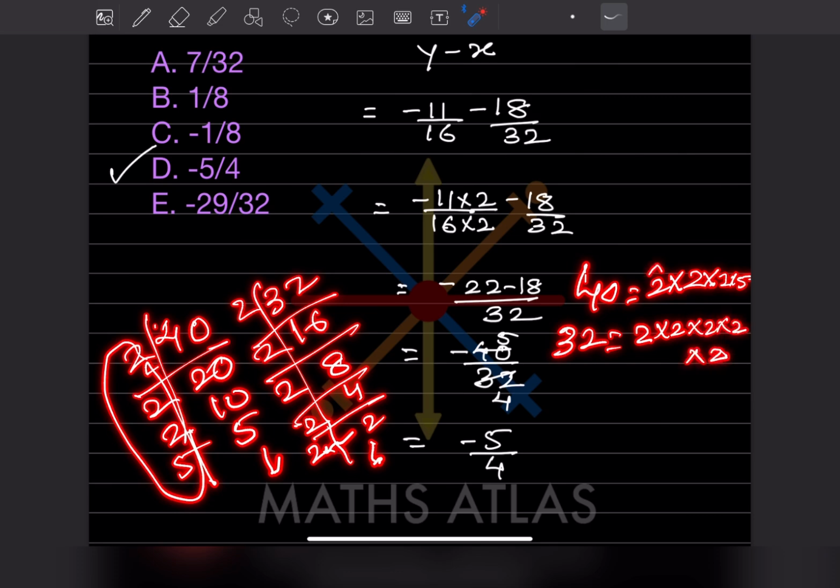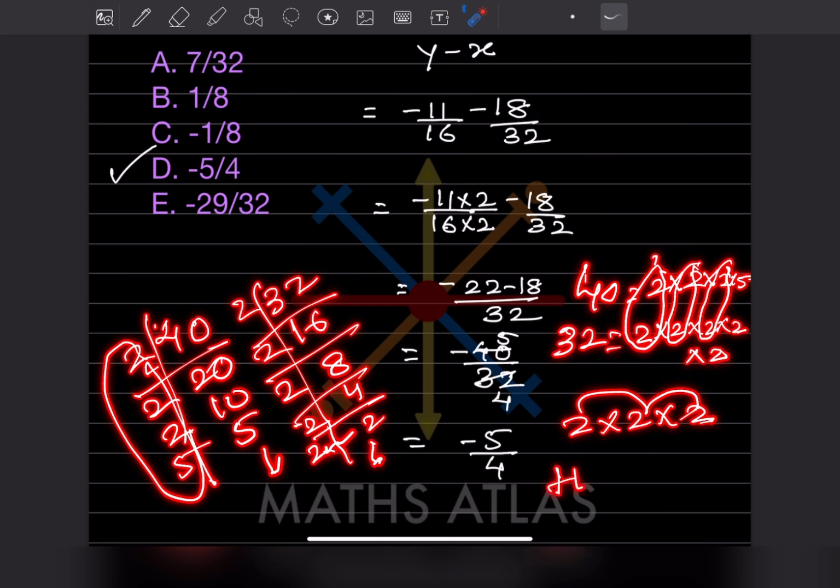Now we can see the common factors are 2, 2, and 2. So 2 into 2 into 2. How much is this going to be? 2 2s are 4, 4 2s are 8. So the HCF of 40 and 32 is going to be 8.